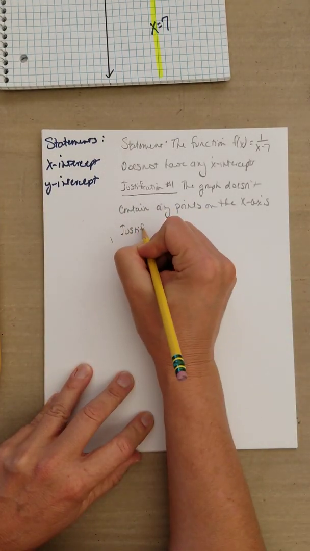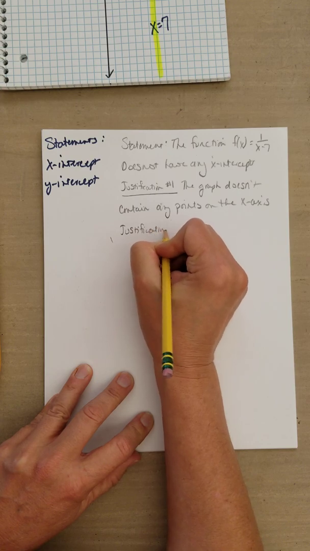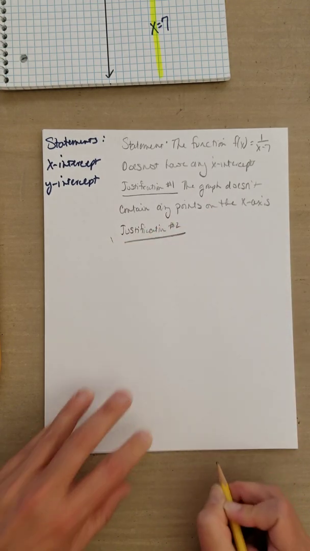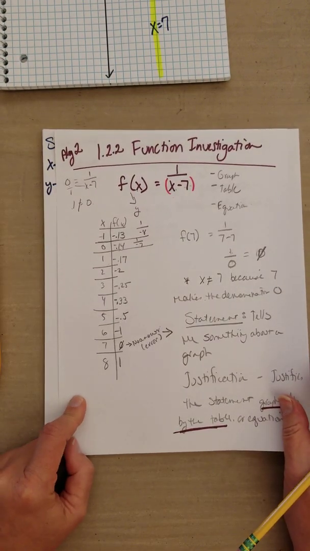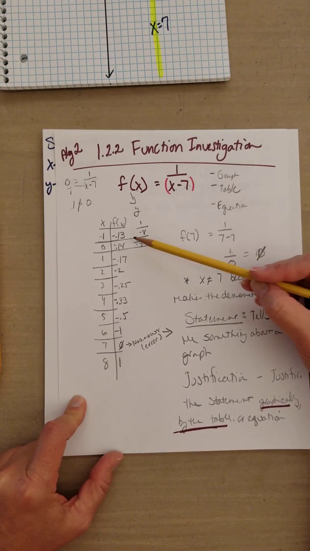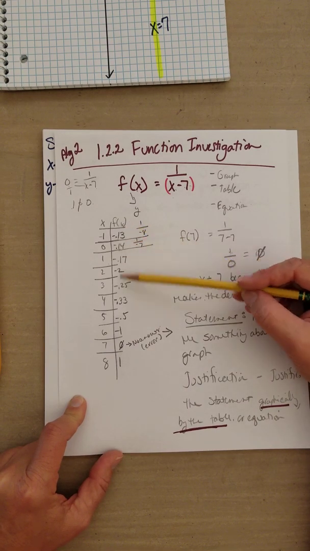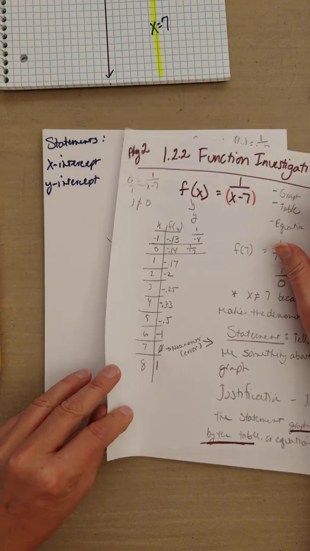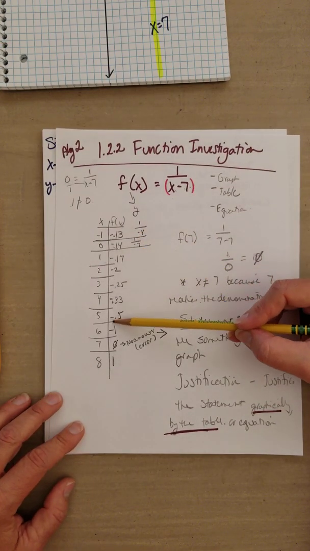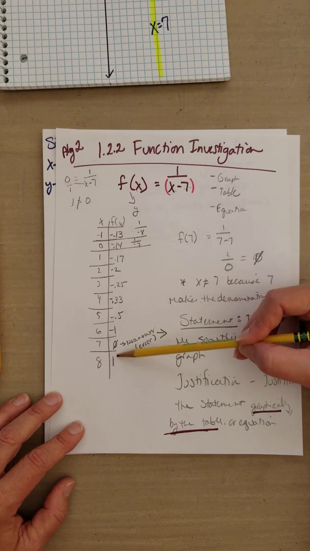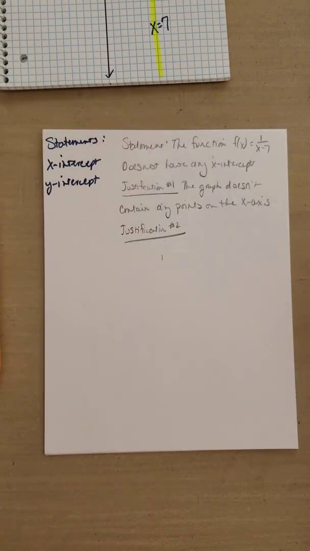Justification number 2. All right, let's look at the table. So this is the table I have. What about the table says that I don't have any x-intercepts? Well, if I look at my y's, because didn't I have to make my y 0? I don't get a y of 0. Okay, so since there are no y's that are 0, there are no x-intercepts.